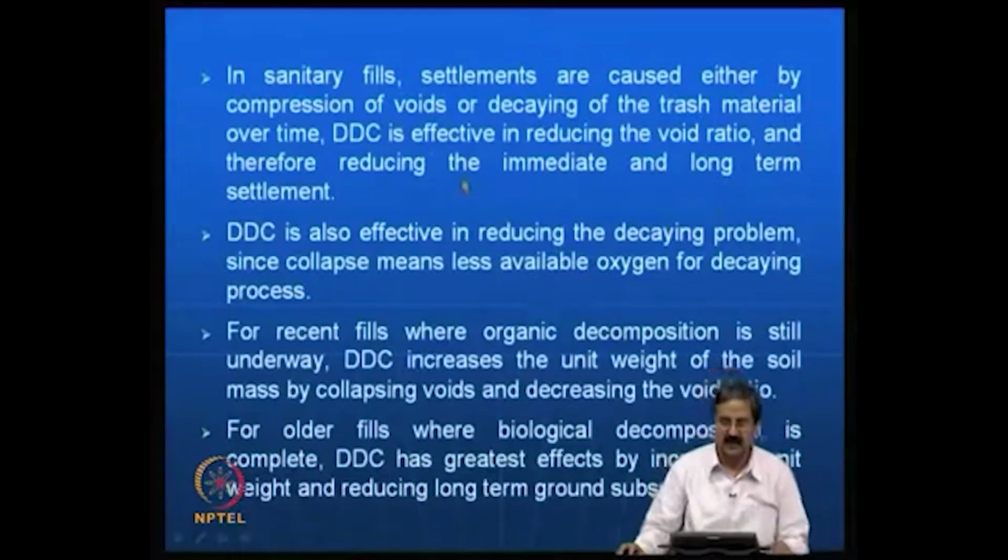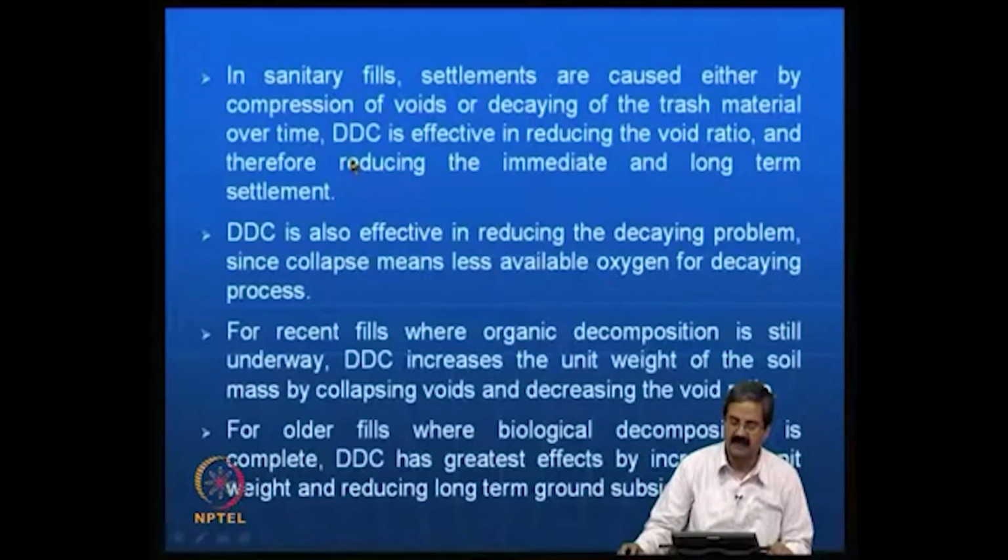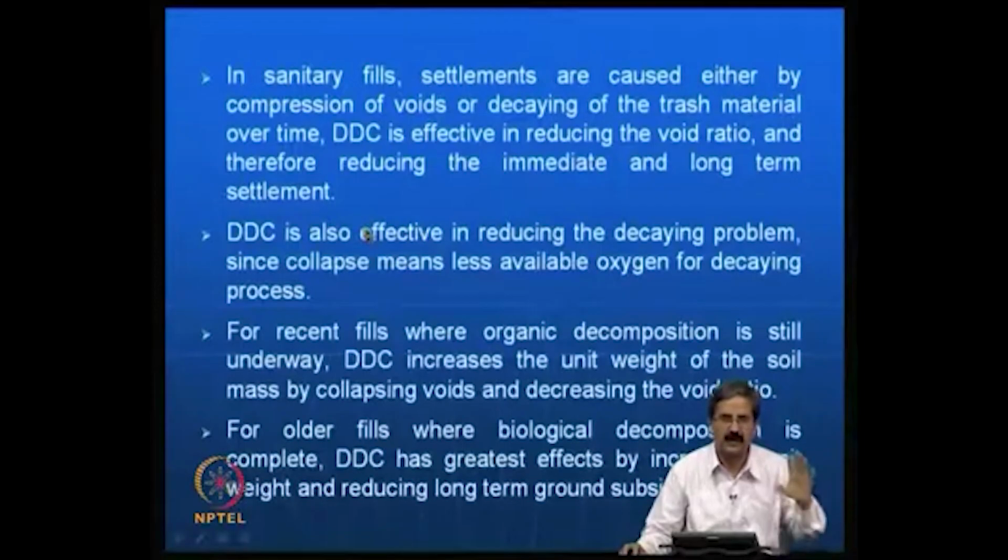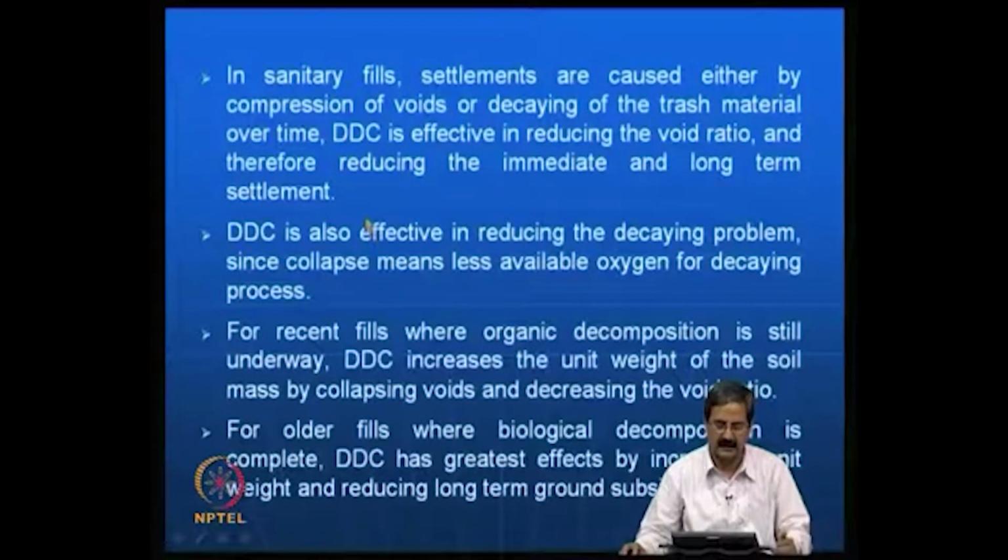That is what is meant here: dynamic compaction is very effective in reducing the void ratio, in both immediate and long term settlement. If I have a waste dump somewhere and I use dynamic compaction, immediate settlements are mobilized and long term settlements will also be less.